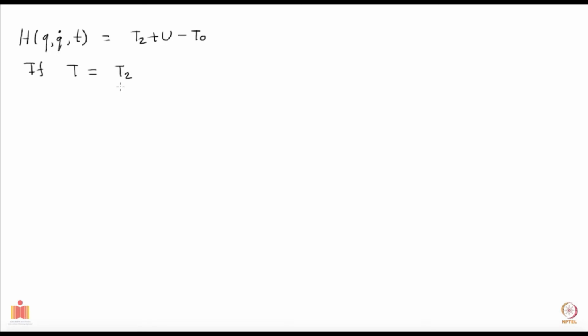Okay, only if this piece is there, and if U is only a function of the coordinates, not of the velocities, then our H becomes T2 plus U, and we saw that this is what was equal to the total energy of the system.